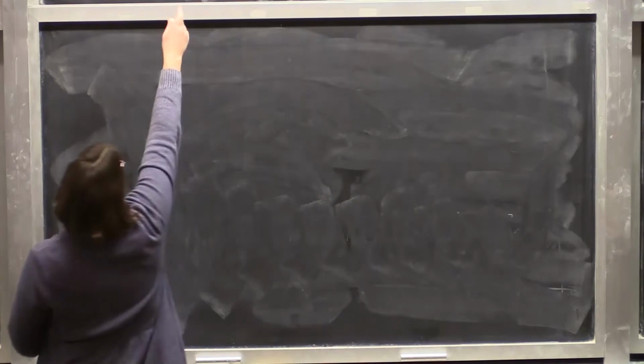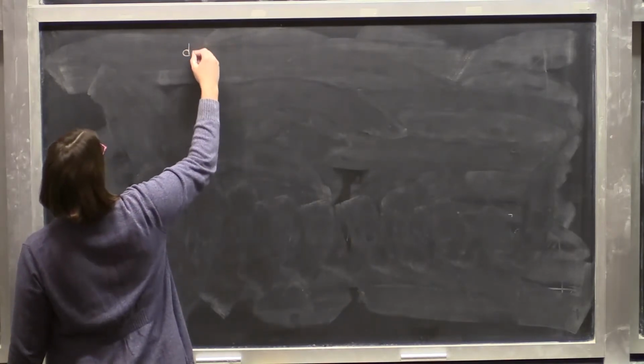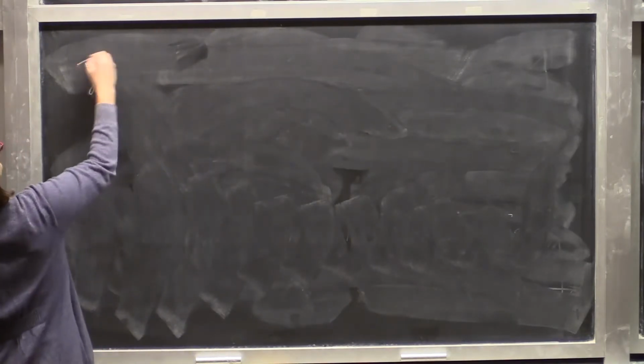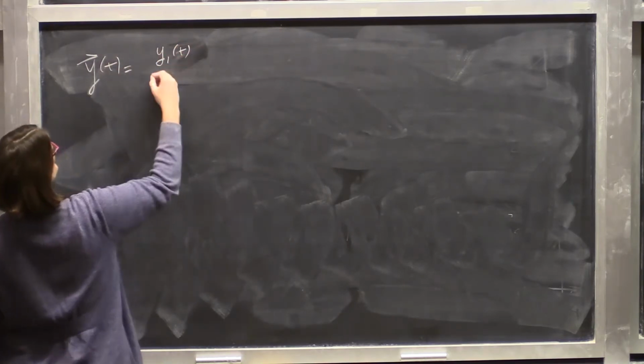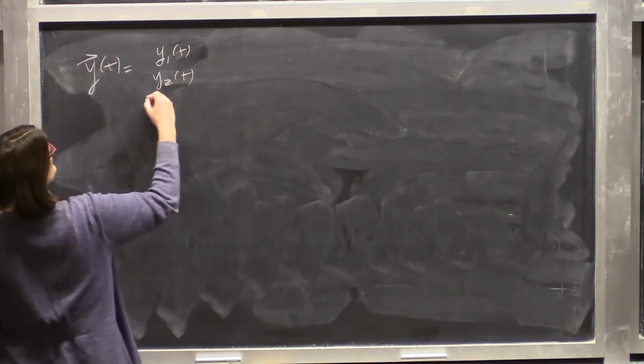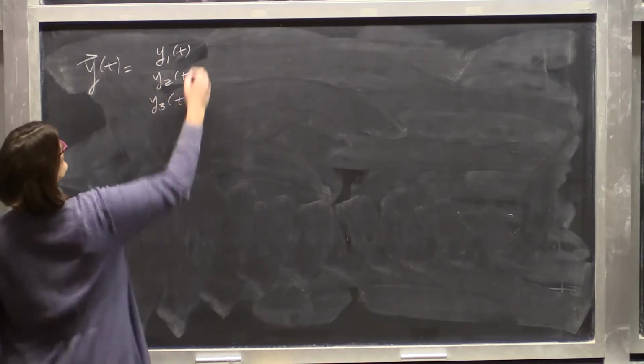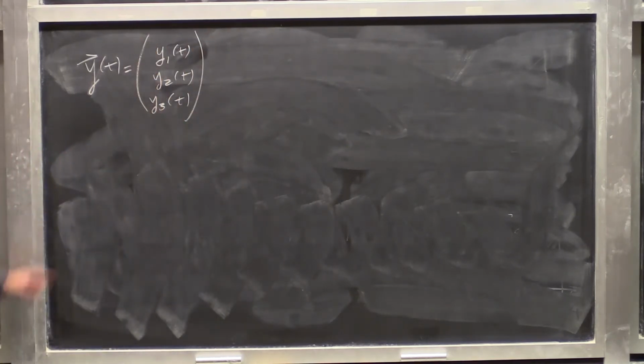That's asking me to solve. Well, the left-hand side would be, okay, so the vector y of t has a first entry, a second entry, and a third entry. I have a system of differential equations in vector notation.